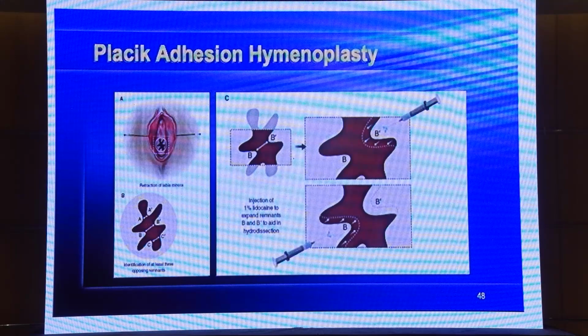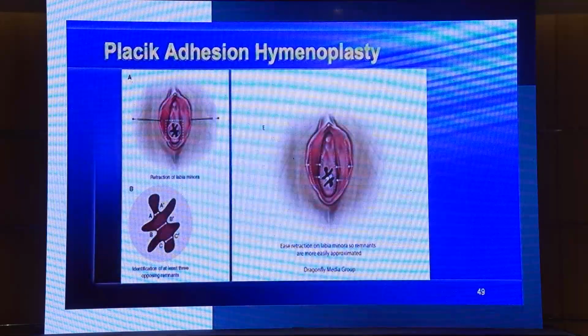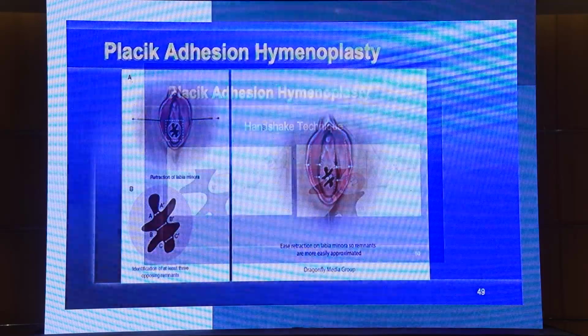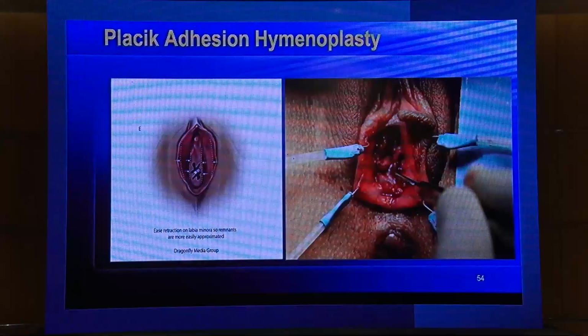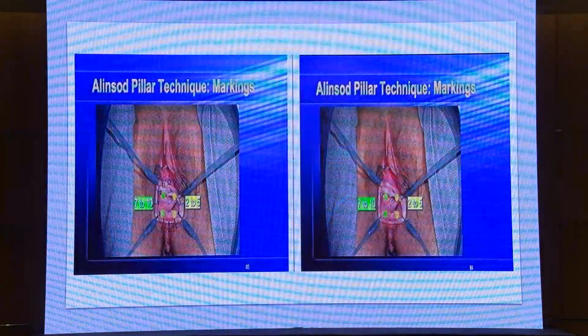So they join together by adhesion. This is how it is, the handshake technique. You snip off the top, on the other side you snip off the below, and then you make it like this, over and above both the remnants, and just stitch it. This is how the result comes after this.